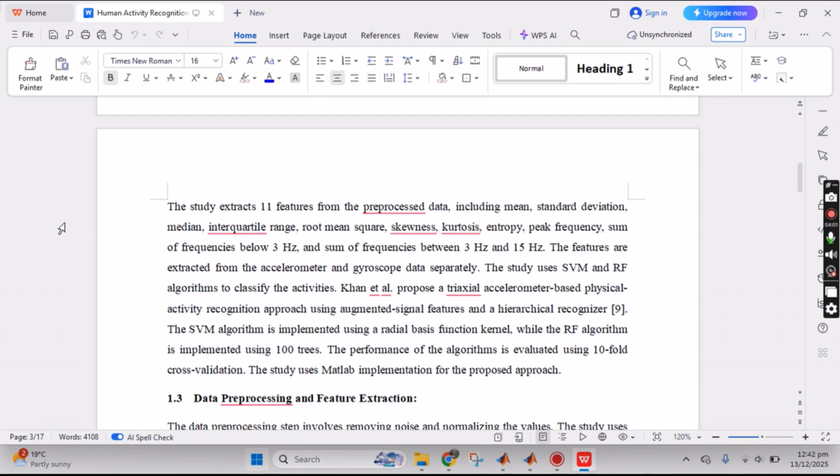The features are extracted from the accelerometer and gyroscope data separately. The study uses SVM and RF algorithms to classify the activities as well.